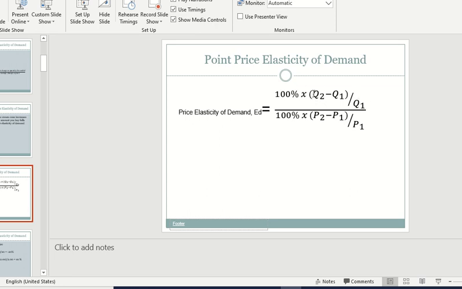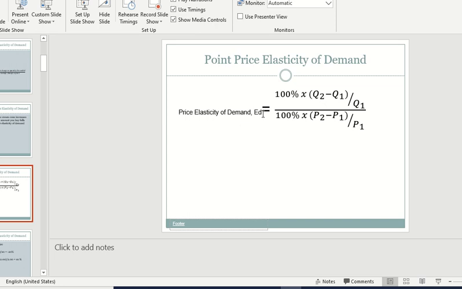And because we want it in percentage, strictly speaking, we multiply it by 100%. In the denominator, that's the percentage change in price. So in math, that's the new price minus the old price divided by the old price, and once again, because you want it in percentage, we multiply it by 100%. That will give us the price elasticity of demand.